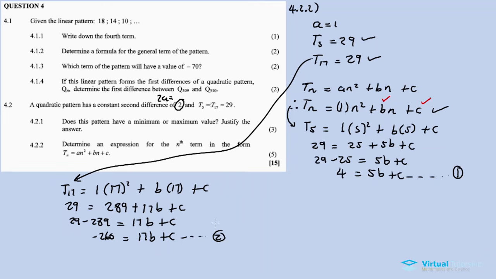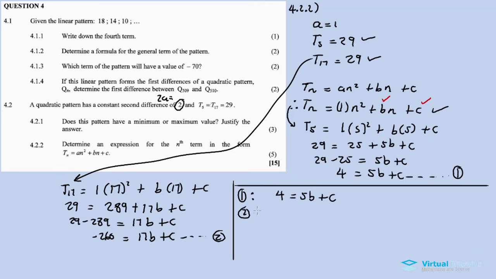Here it's either the substitution method or the elimination method. I think the simplest one here will be the elimination method. Equation 1: 4 equals 5b plus c.